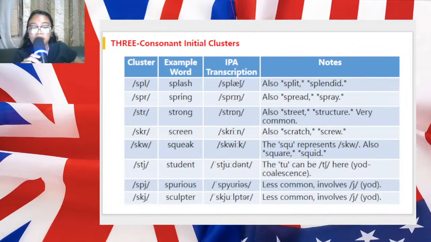Following that, we have the SKR cluster as heard in screen. Here, it's the S sound followed by K, then R: screen.